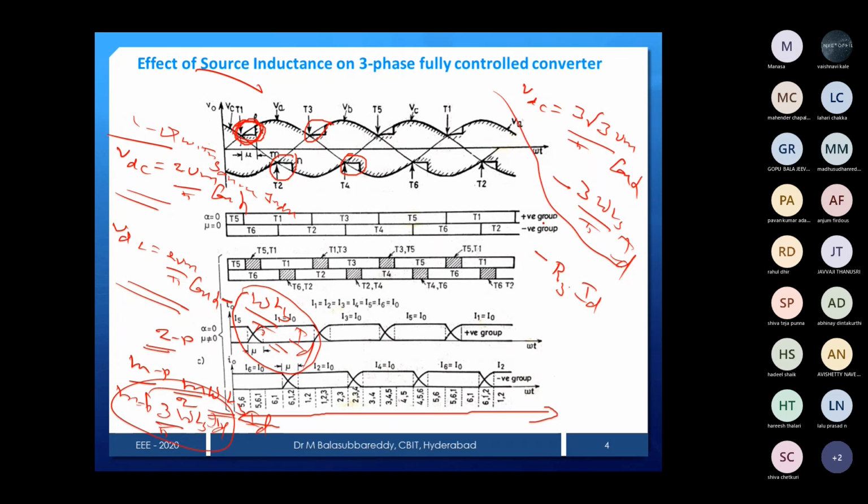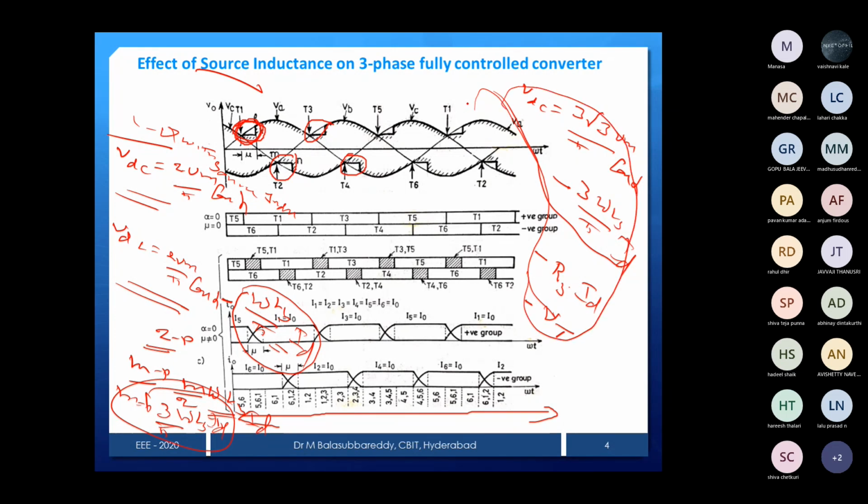That is the average. Now VDC is 3 root 3 Vm by pi into cos alpha minus 3 omega Ls by pi into Id minus Rs into Id. And if I consider the voltage drop across the thyristor when it is conducting, minus Vt, this is the actual average output voltage if I consider all the parameters.